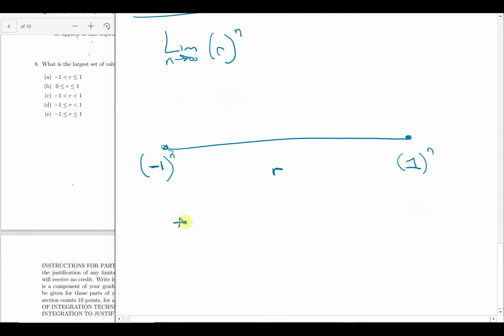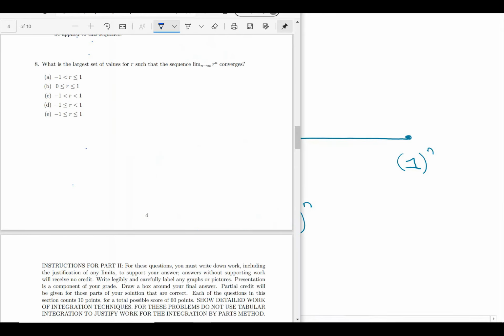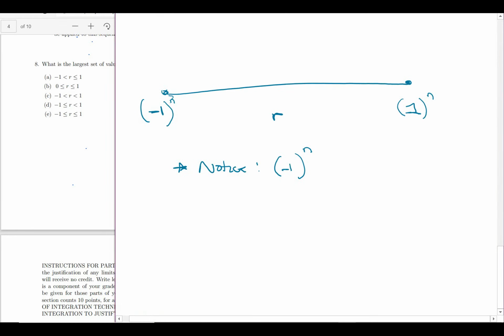Notice, -1 to the n power. The big key here is that -1 to the n oscillates.